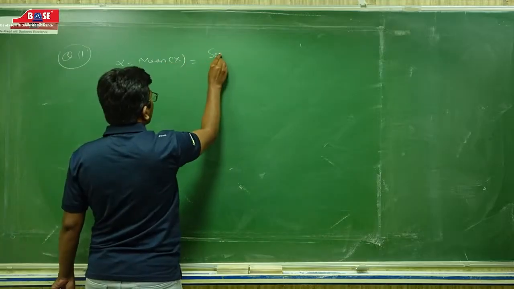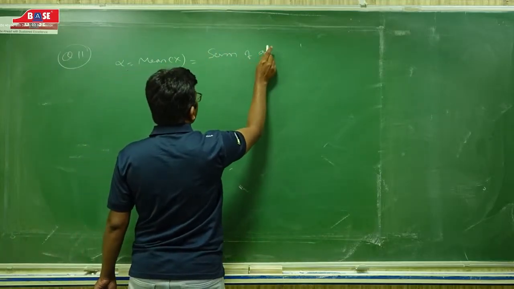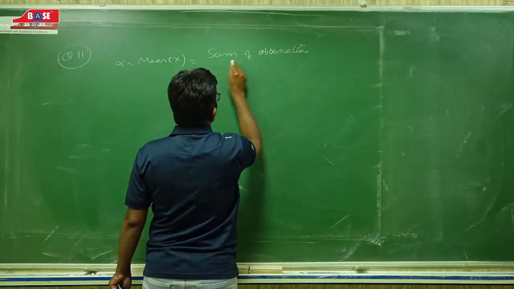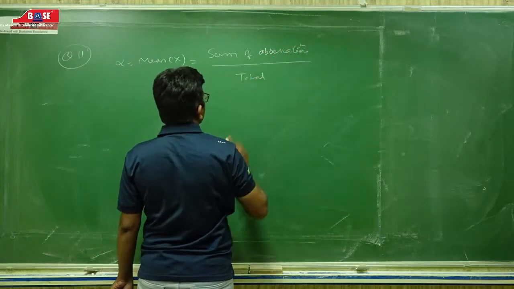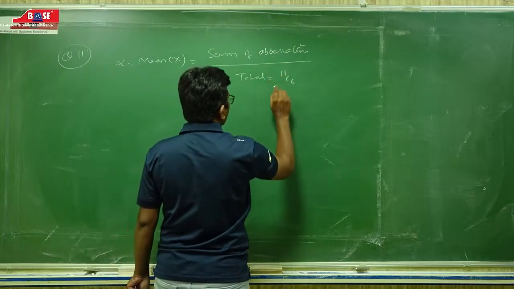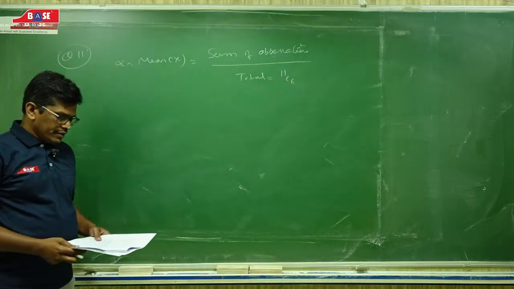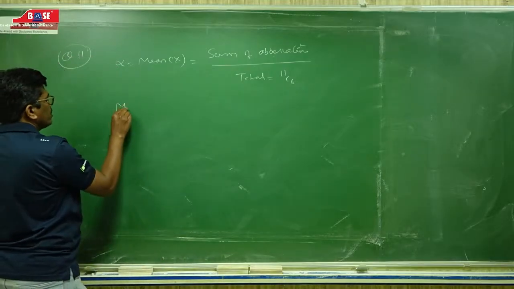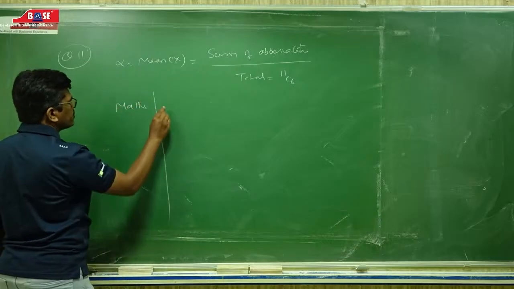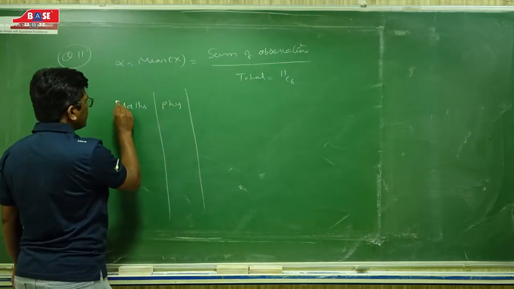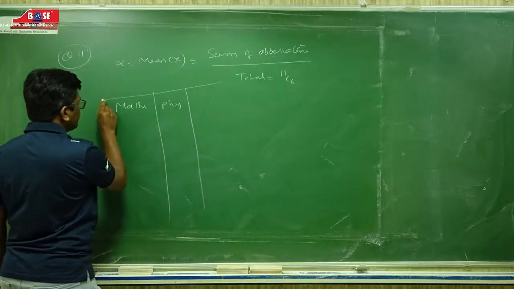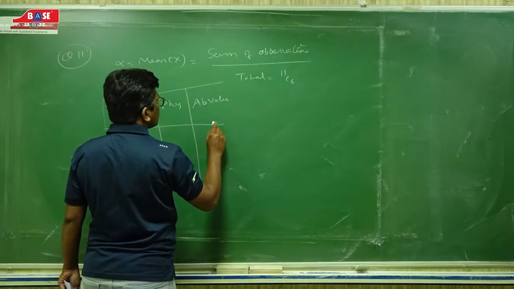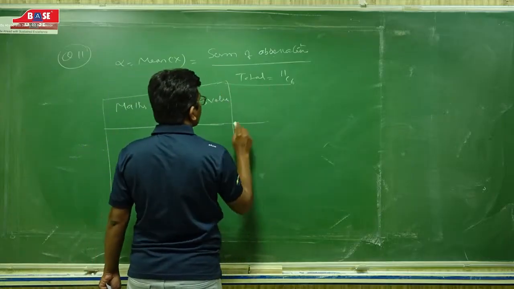So the mean formula is sum of observations by total. Here the total is 11 books, you have to select 6 books. In what ways can we select 6 books? Mathematics, physics, and they are given as random, so we have to take the absolute difference.